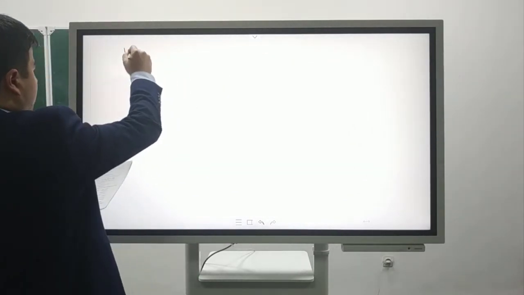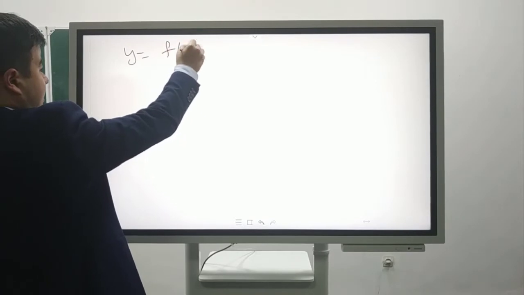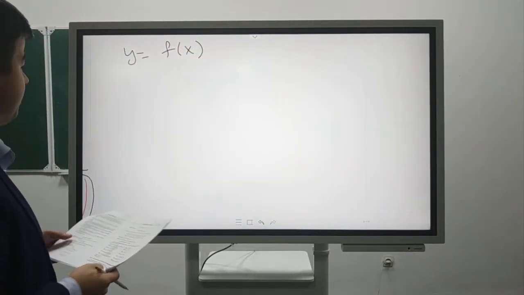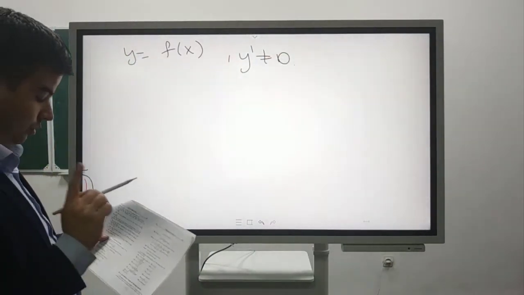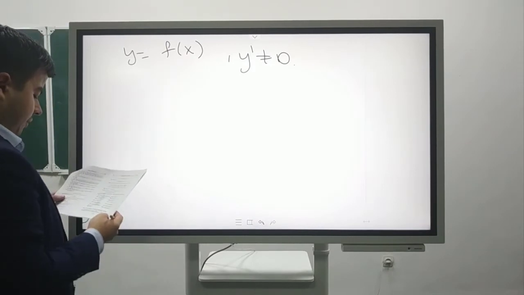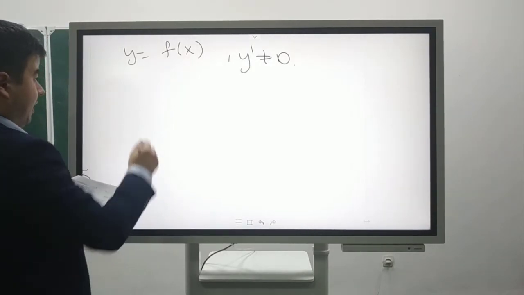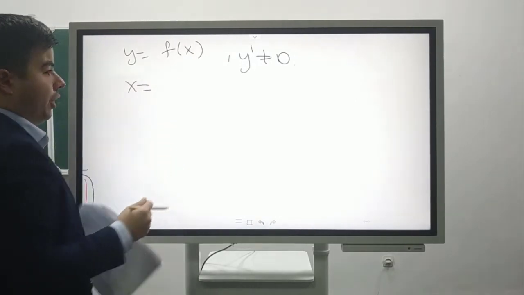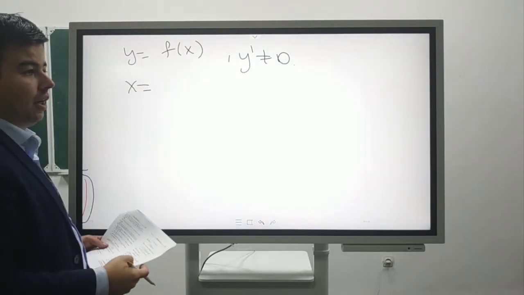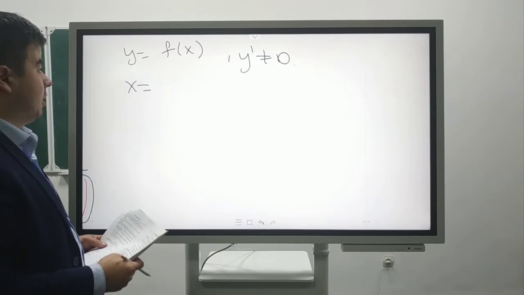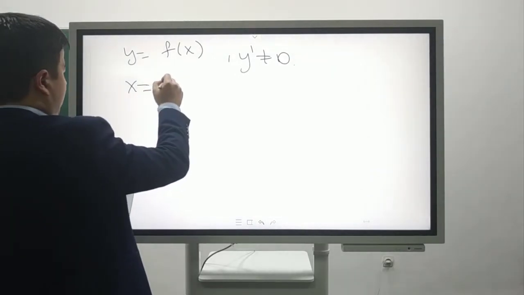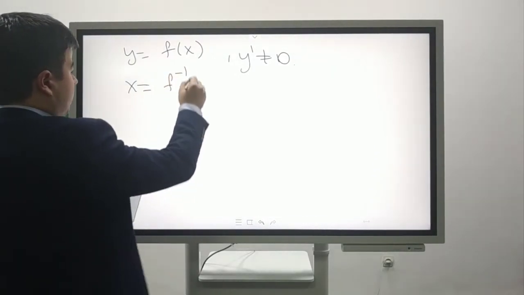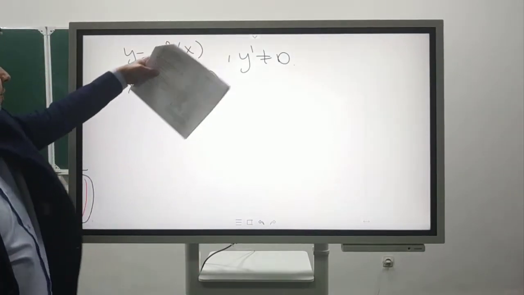So for example, if function y equals f of x has a derivative y prime which is not equal to 0, then the derivative of the inverse function, if we have a one-to-one function and then we have an inverse function, x equals f minus 1 of y. This is the inverse function for this function.